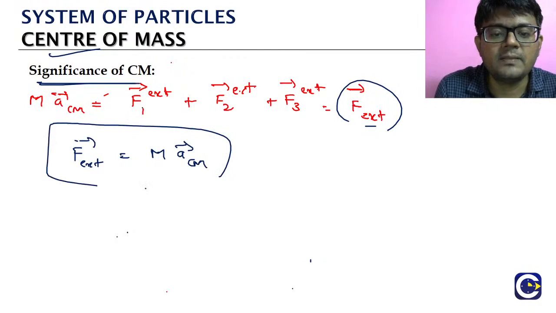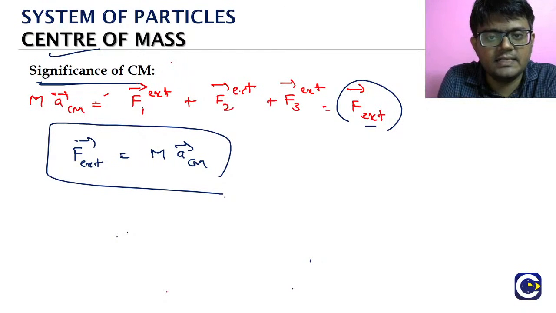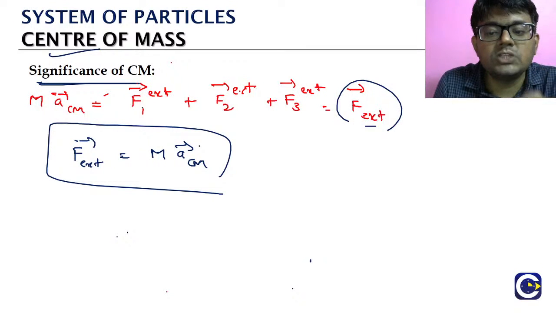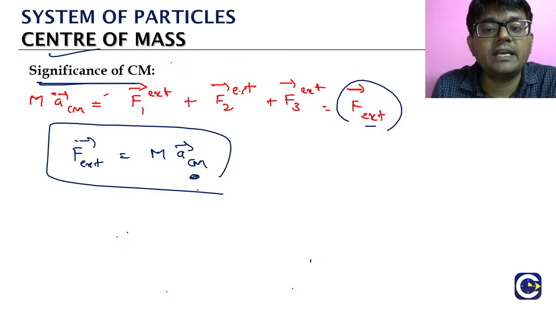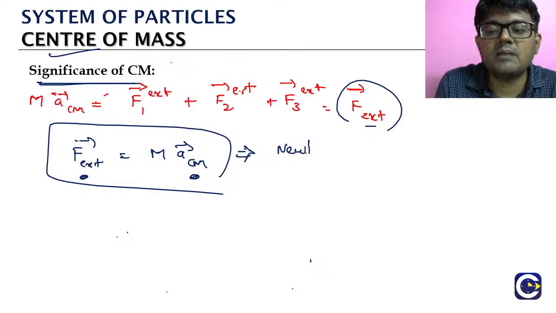If you replace all the particles by a single particle at the center of mass, it is going to have the acceleration based on the total external force. This is like following Newton's second law, F equals ma type.